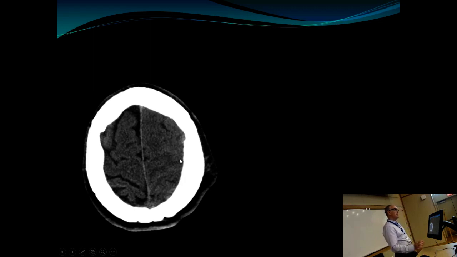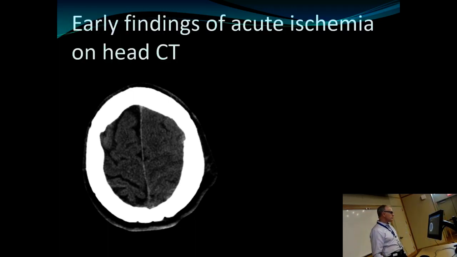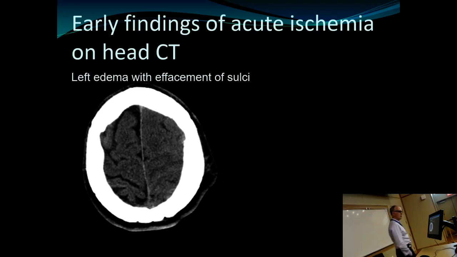What's happening here is we call it gyral edema. There's a little bit of swelling, and that causes the sulci to become obliterated. We get a little bit of edema, and this obliteration of the sulci we call sulcal effacement.